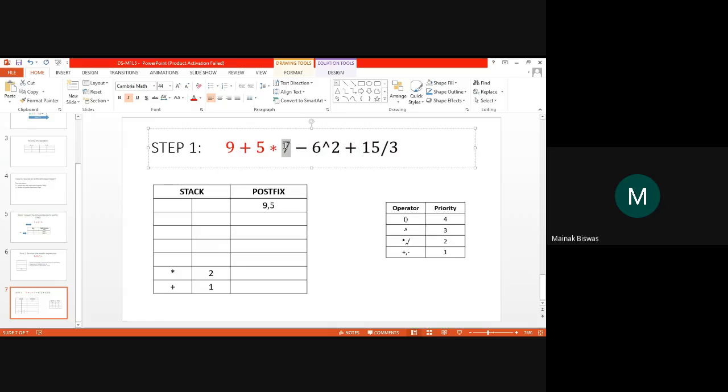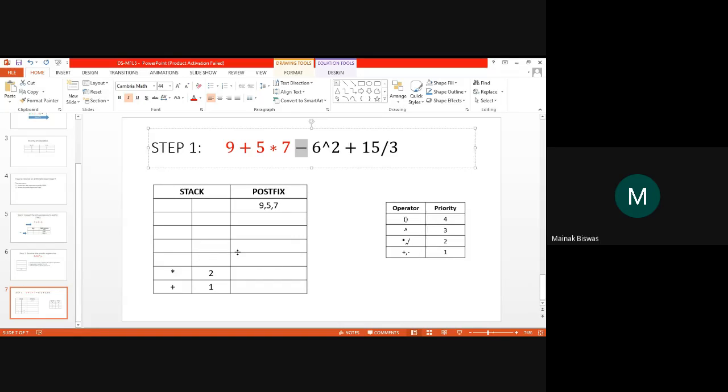Okay, then 7. 7 is an operand, so we add it to the postfix expression. Then the operator that we get is subtraction. Now subtraction is compared with the top of the stack.